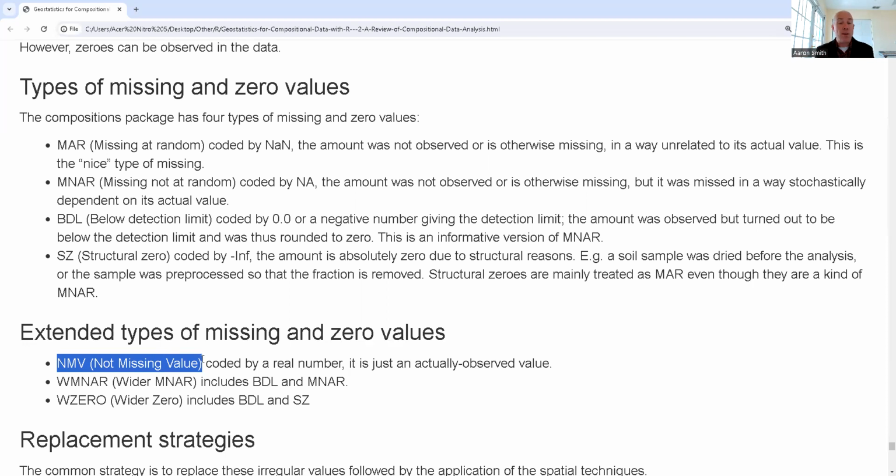And so here, when I say this, if it's zero, that means it's a true correct zero, even though that's what we don't want to have in the data. There's also wider missing not at random. So this is below detection limits and missing at random combined into one category. And then wider zero. This is below detection limits or structural zero.